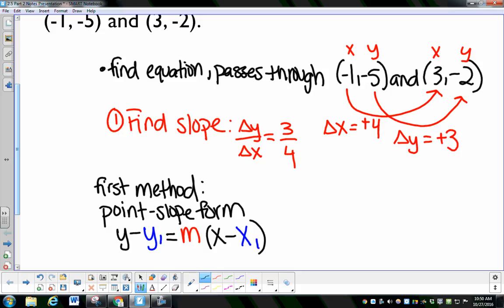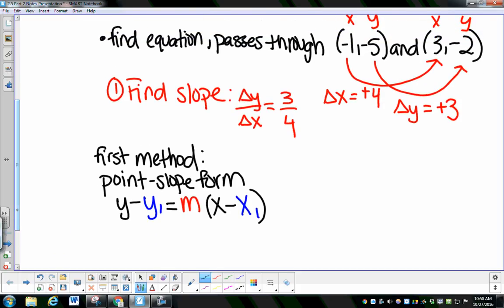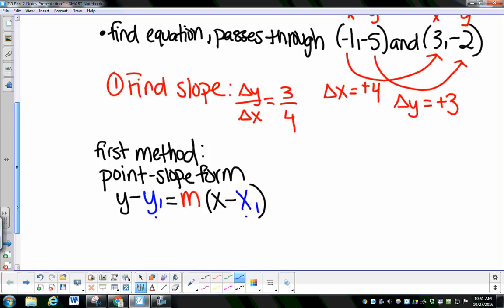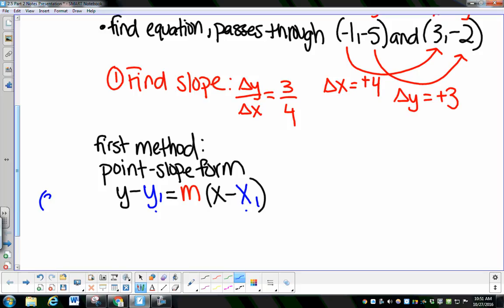M is our slope, and (x1, y1) is one of the points on our line. We know the slope, and we have 2 points to choose from for that x1 and y1. I'm going to choose that second point, (3, -2), for my x1 and y1 values. So let's plug in those 2 values along with our slope into this equation.